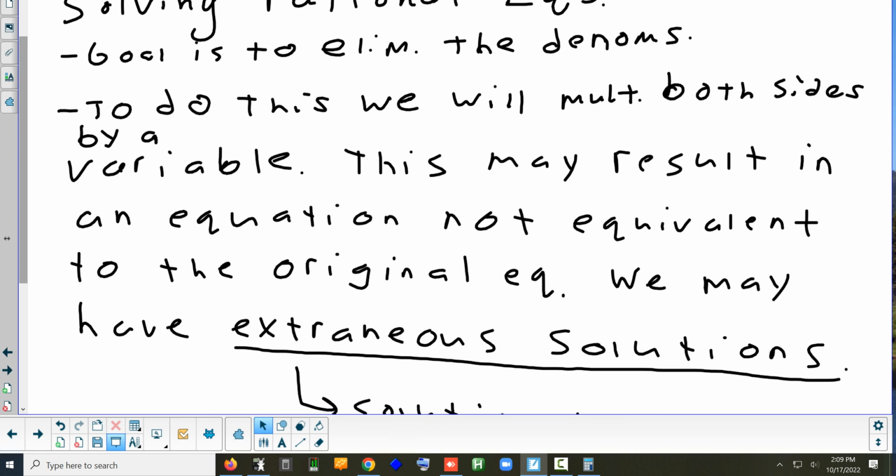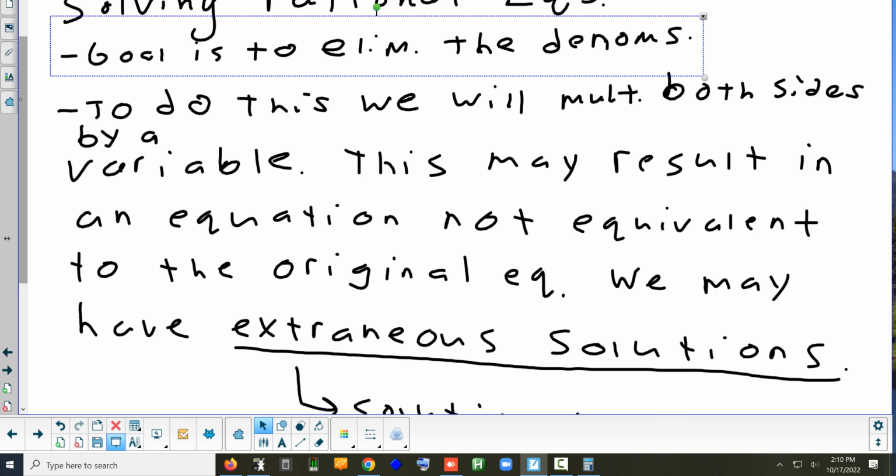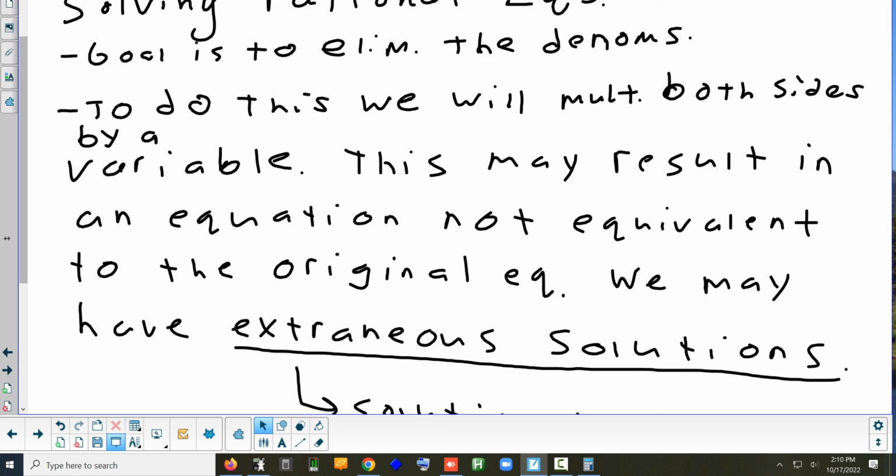But that's going to be the goal. We're going to eliminate the denominators, and we're going to do it by multiplying both sides by something with a variable. I can't tell you exactly what we're going to multiply by because every problem is a little different, but it's going to be a variable.